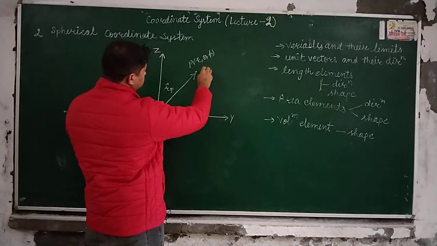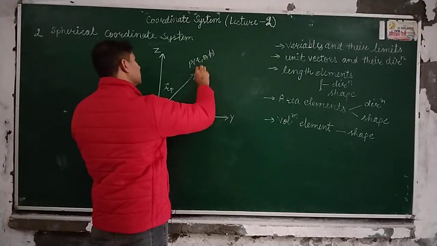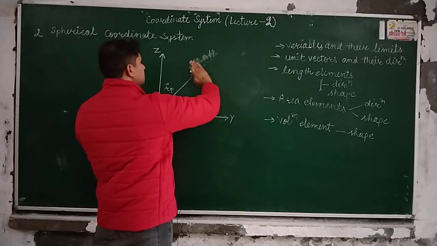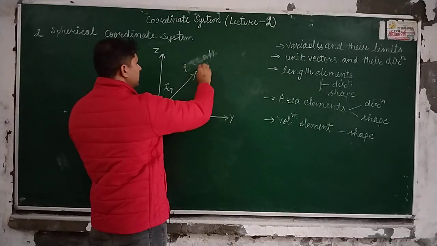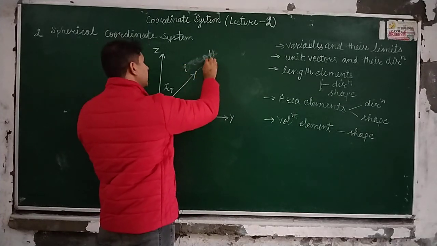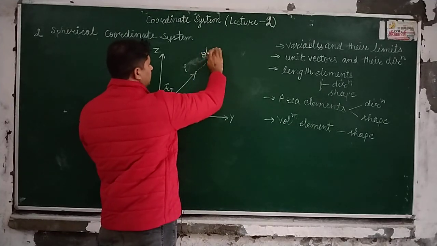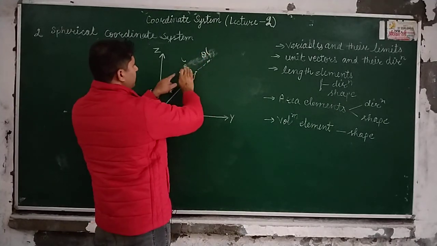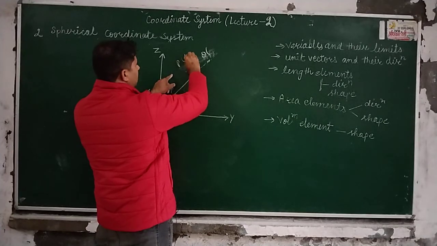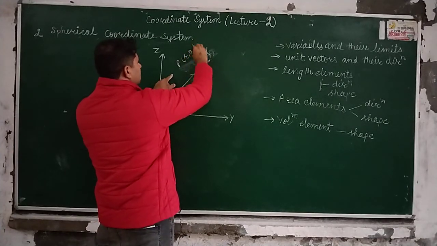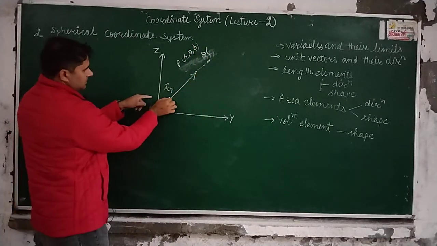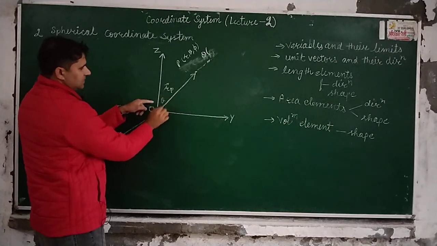Here we take another point in the same direction. This is point P, whose coordinates I have told you, and we have another point Q. You can see this angle is theta, this angle is theta.